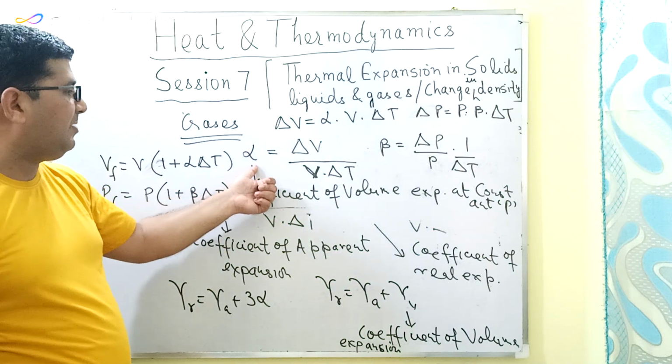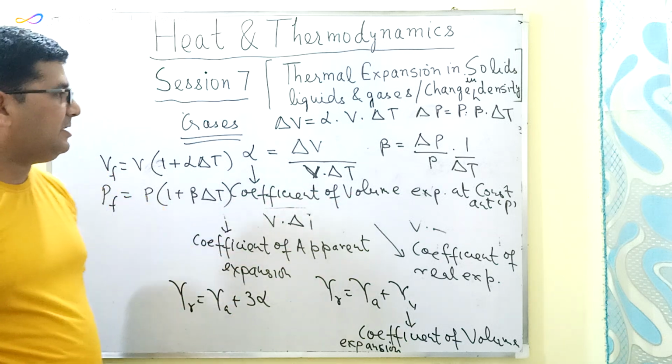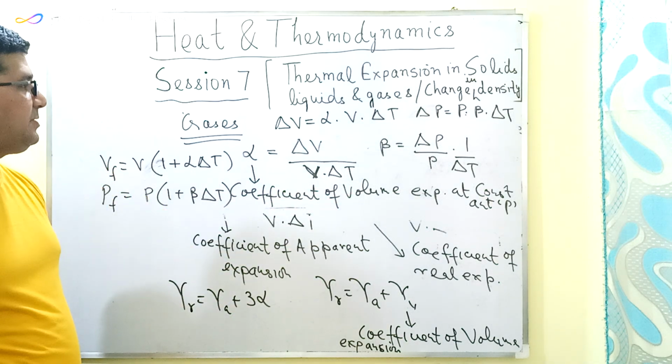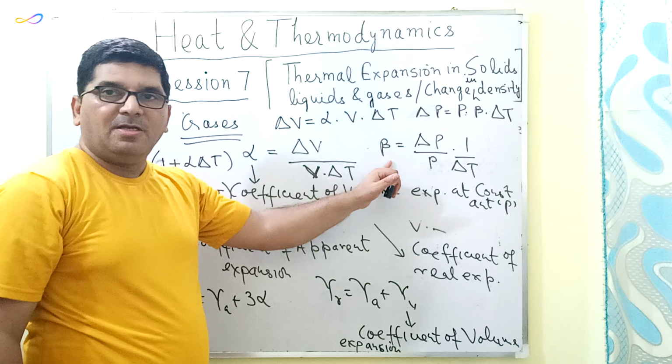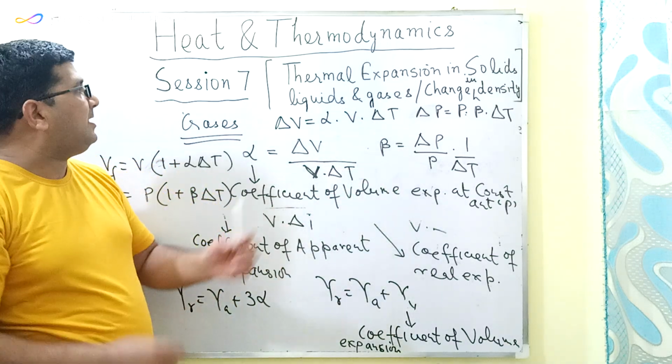One is the coefficient of volume expansion at constant pressure, and the other one is the coefficient of pressure expansion at constant volume.